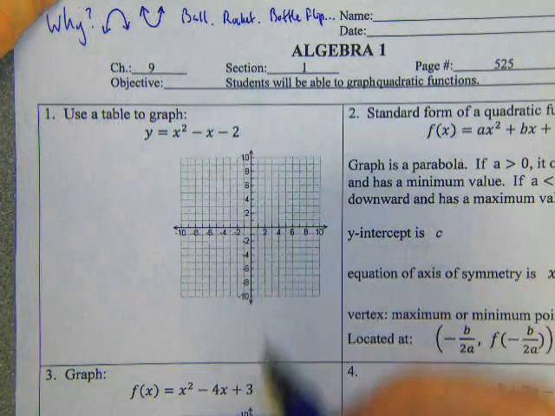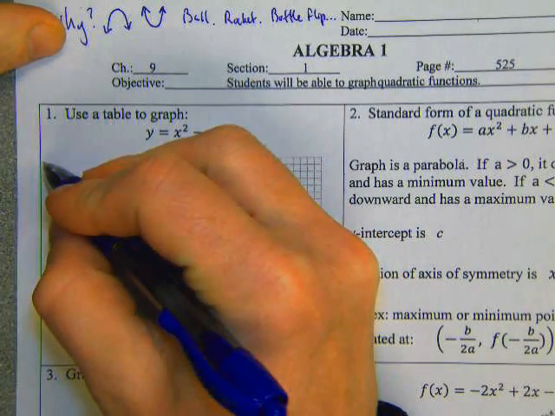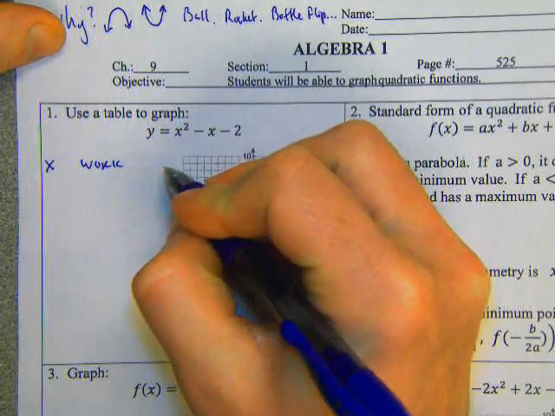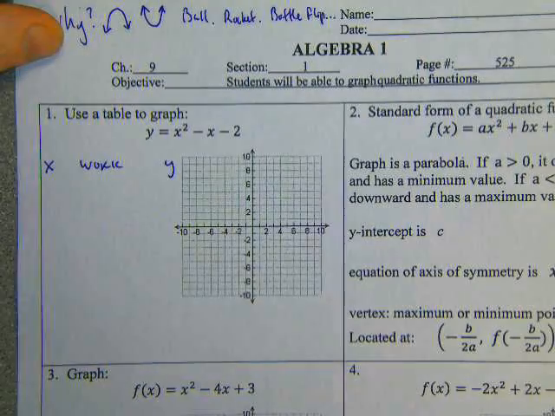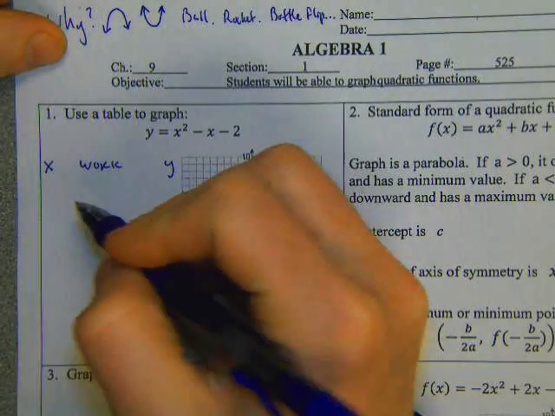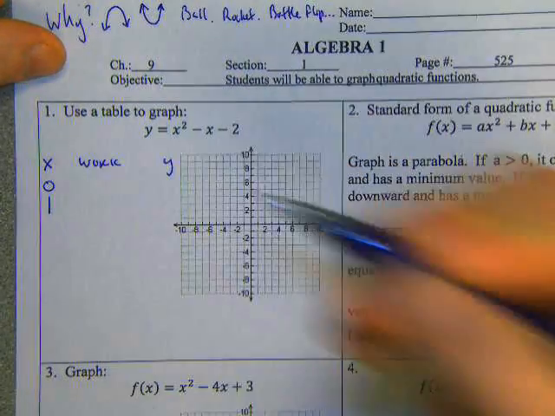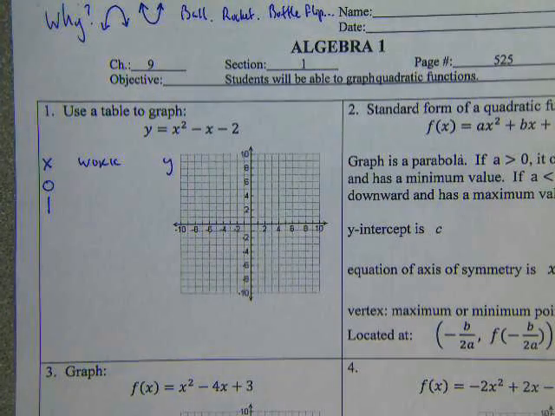So use a table or graph to get this, and generally whenever I have this, I'm going to go X, whatever my work is, and Y. And we've done some of this before. I'm just going to pick my two favorite easy numbers, 0 and 1, and plug them in.